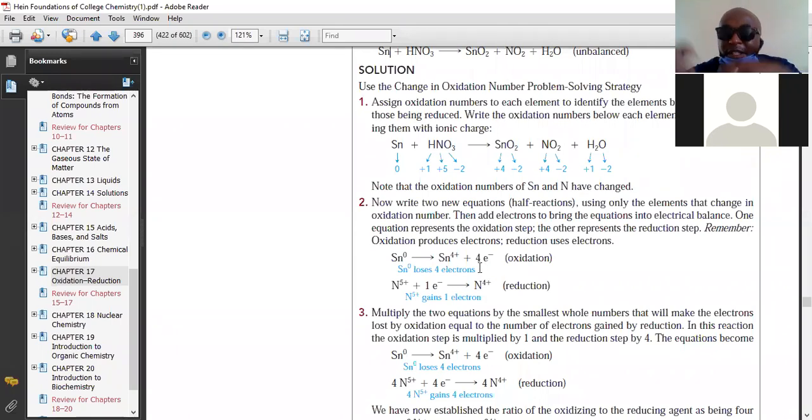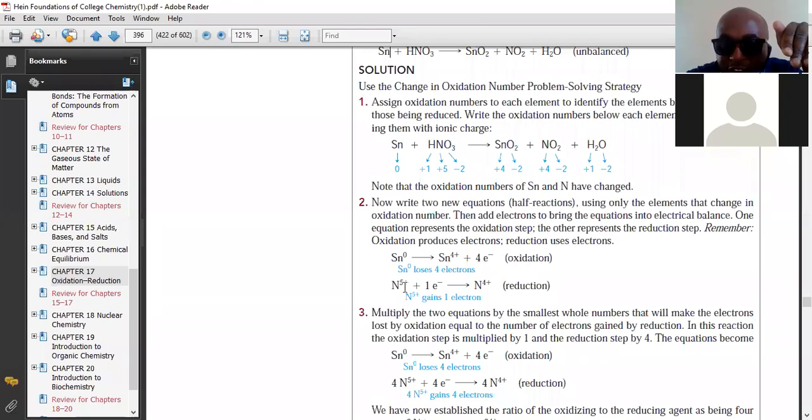The electrons must be equal to the difference in the oxidation numbers. Tin was 0 because it was alone. To go to plus 4, there's a loss of 4 electrons. Remember I told you that oxidation is loss. So you write Sn0 giving us Sn4+ plus 4 electrons.